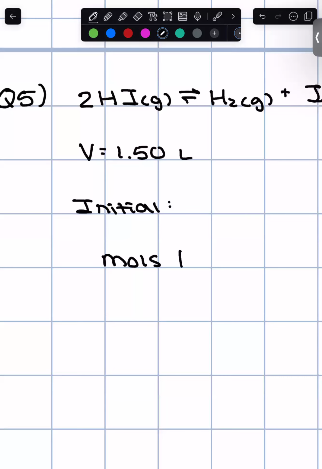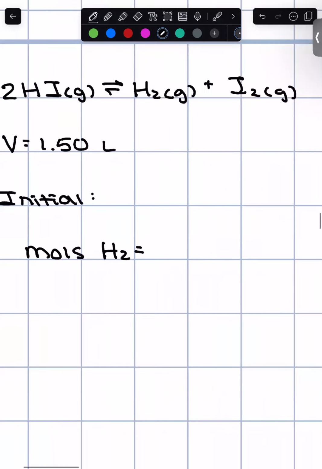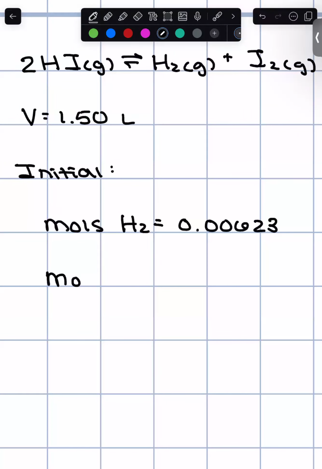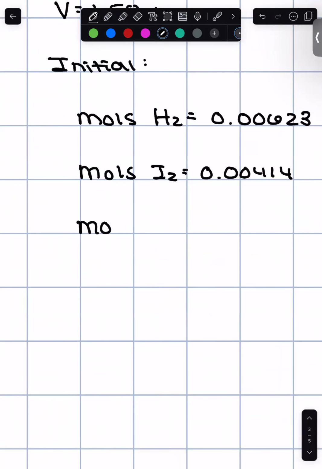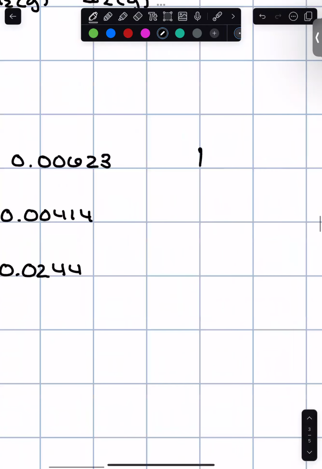Moles of H2 is equal to 0.00623, moles of I2 is equal to 0.00414, and moles of HI is equal to 0.0244. Our temperature is equal to 703 Kelvin.